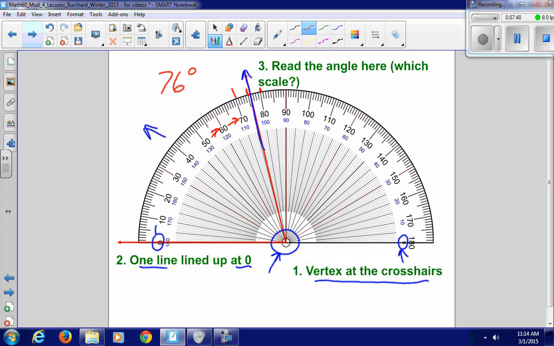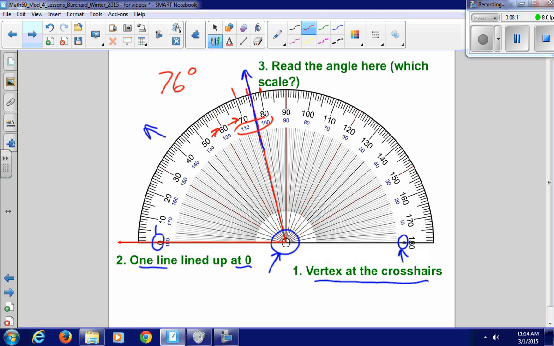So this thing of picking the right scale to use is probably the most confusing thing I've seen for students. A way to check yourself is if you were to use the wrong scale here, you would claim that this is a 104 degree angle because we're right here in between 100 and 110.